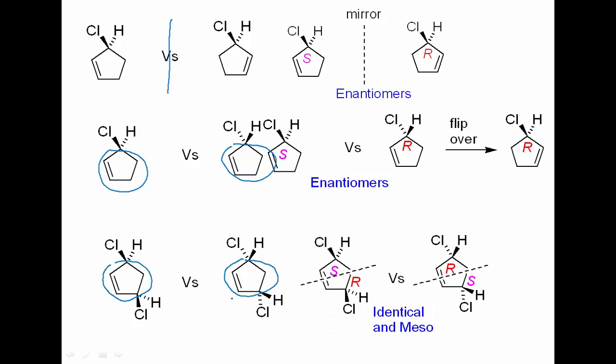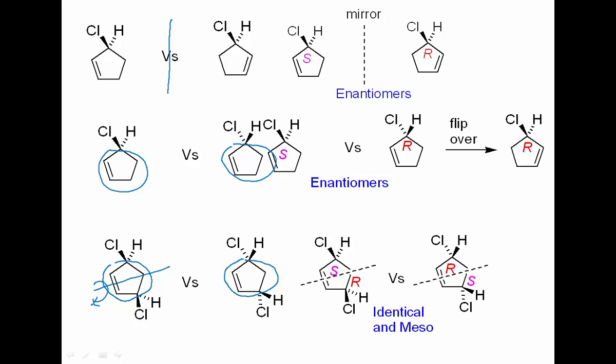Okay, they are not enantiomers, even though they may look like it. What you could do here is take one and flip it over on this axis and turn one of them into the other, and you would generate basically the same compound.